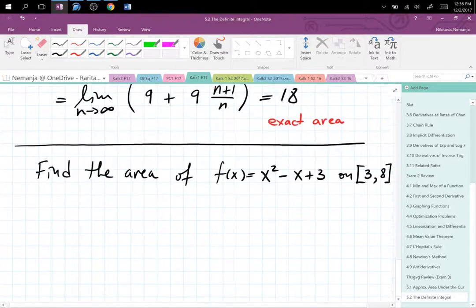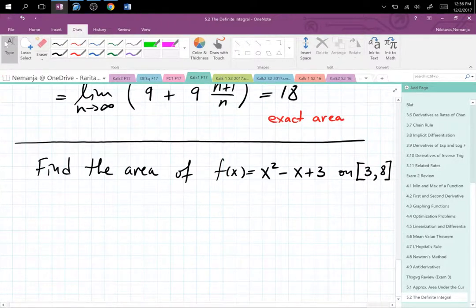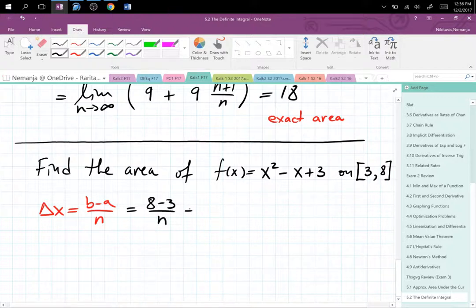All right. We do the same procedure from scratch. Formula: delta x is equal to (b minus a) over n. In our case, 8 minus 3 over n, which is 5 over n.